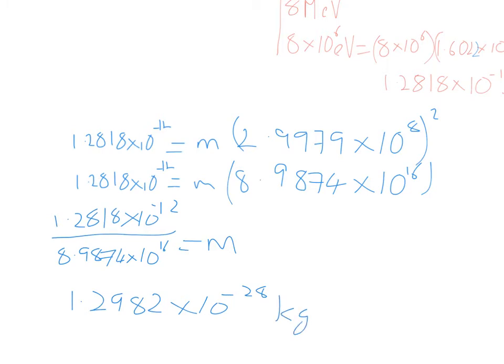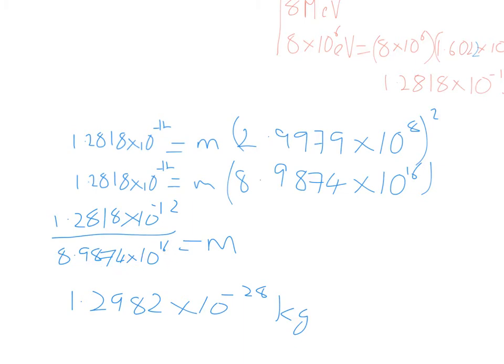Now this may seem like a really small amount of kilograms when we say 10 to the power of minus 28, but you have to remember that the amount of energy that was converted was already 10 to the power of minus 12, so already quite a small amount, but also any energy that gets converted into mass is going to end up as a much smaller number, because you're then dividing it by the speed of light squared.